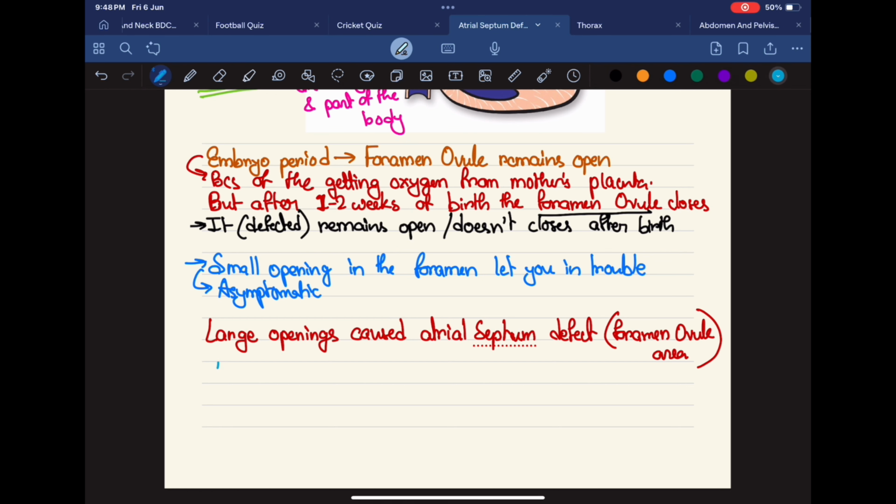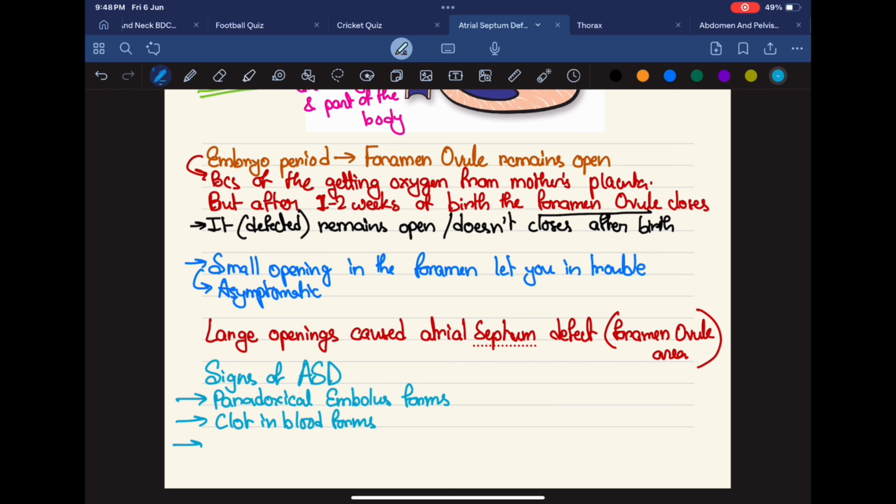Signs of atrial septal defect are paradoxical embolus forms, a clot in the blood forms, and blood pressure of a person increases, which may cause stroke.